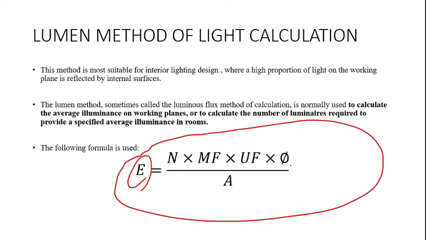Initial lumen output means the lumen output given by the luminaire after 100 hours of operation. A is the area in meter square of the working plane. The mf is the maintenance factor, uf is the utilization factor, capital N is the number of luminaires required, and E is the illumination in lux.